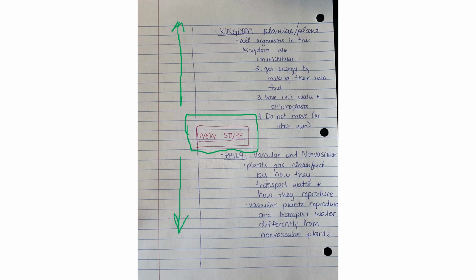So we went through domain, kingdom, now we're in phylum. There are two phyla for plants, vascular and non-vascular, and they're classified into one of these phyla based on how they transport water and how they reproduce. Okay, and this is just restating the same thing. Vascular plants reproduce and transport water differently from non-vascular plants.